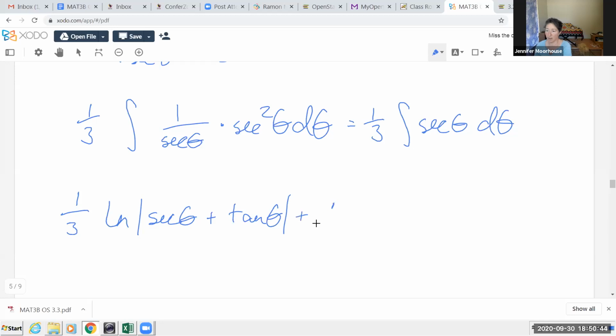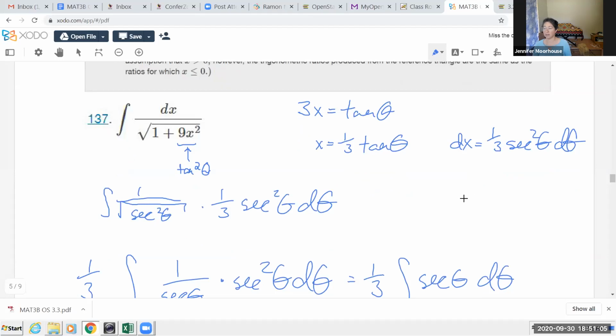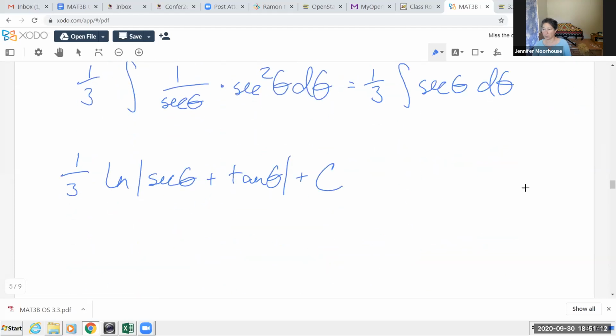And then you have to reverse that substitution again, right? You've got to go backwards to change the thetas back into x's. And the tan theta is easy because that was your original substitution. Tan theta is just 3x. But the secant theta, that's the one that's trickier. And that's where you need your triangle. So tan theta is 3x.